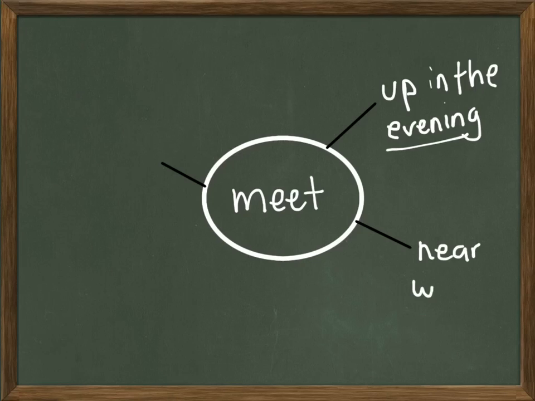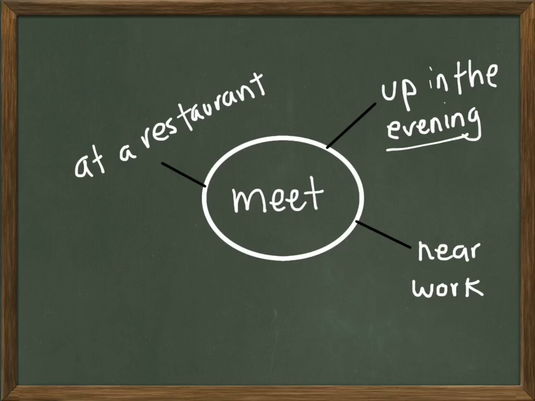And finally, we have meet at a restaurant. Remember that by meet we're saying see a person. It's another way we can use this verb.